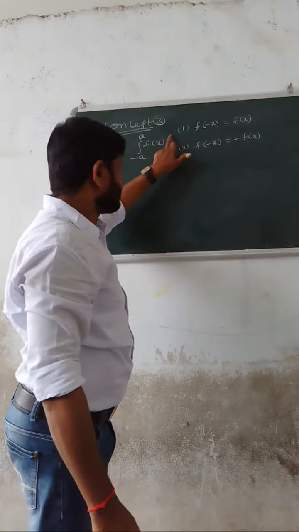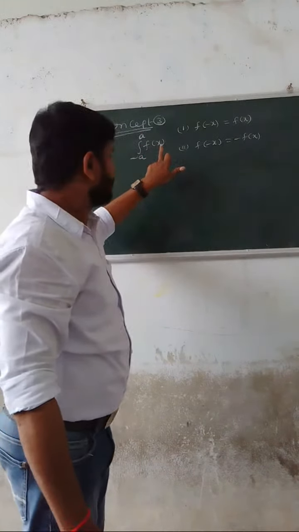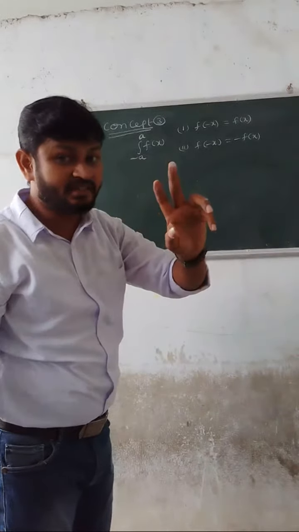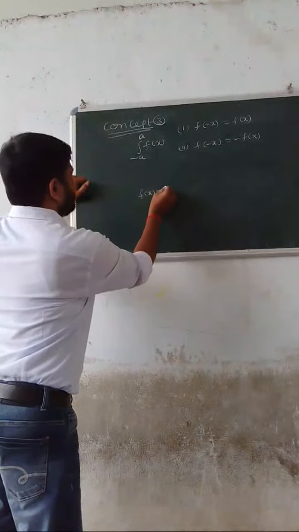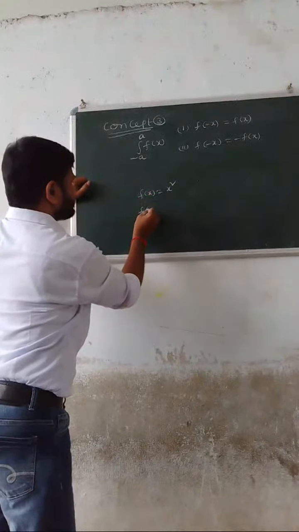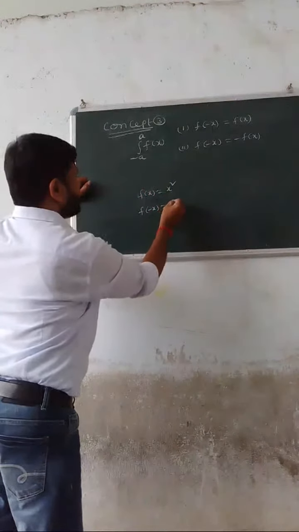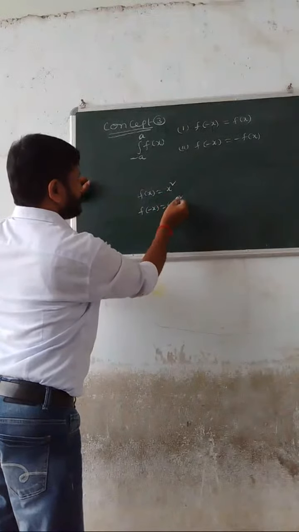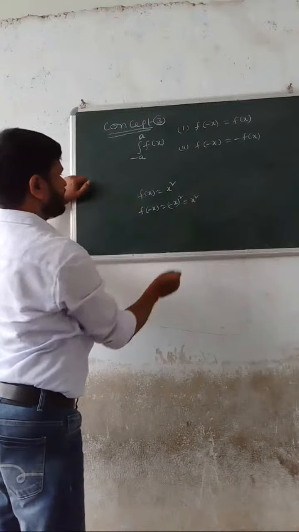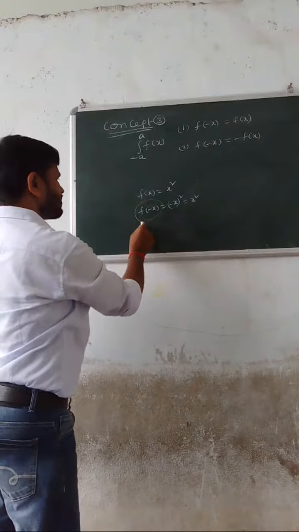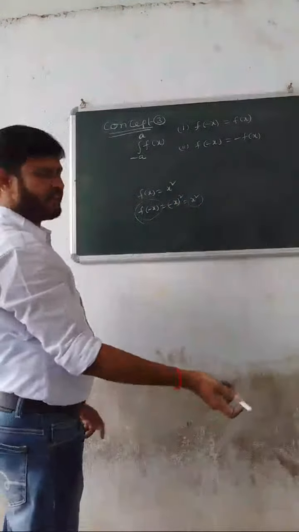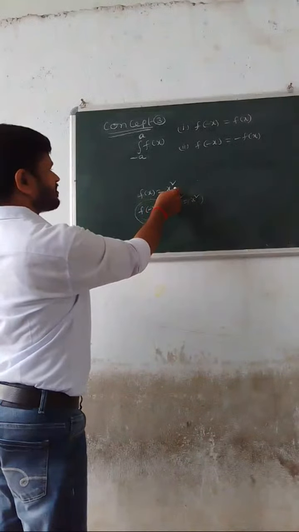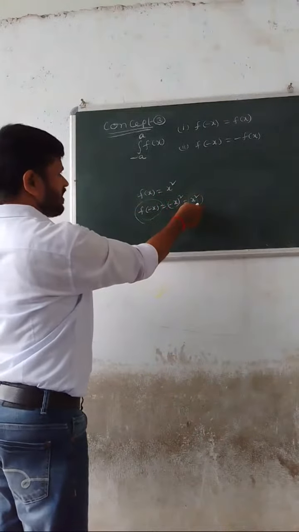If this is the question, put minus x instead of x. For example, f of x is x square. Put x as minus x, minus square, plus x square. So f of minus x is also x square, and f of x is also x square.